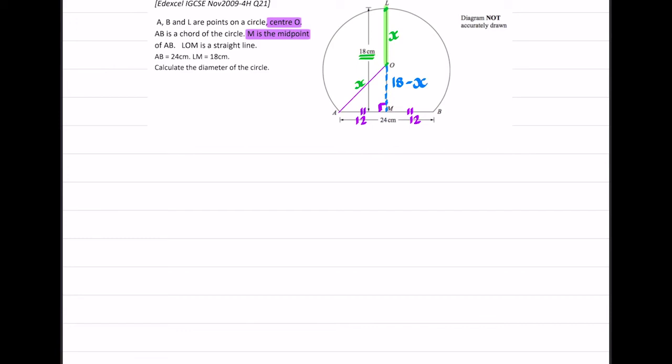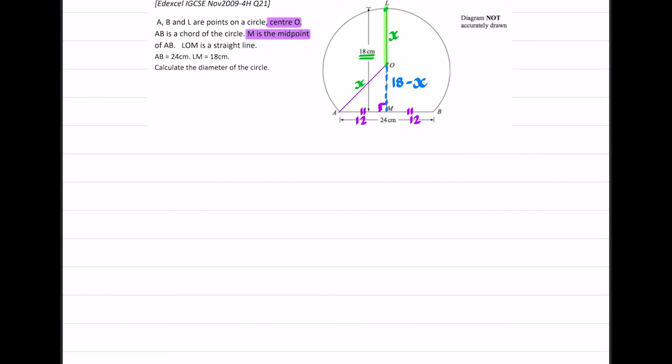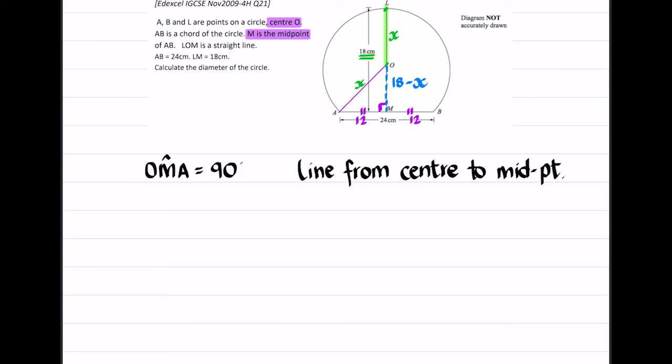So now I have 3 sides of the triangle, and each of them has the same variable x and a number. So I would start by stating that angle OMA is equal to 90 degrees because it's the line from the center to the midpoint. So that means that it's perpendicular.